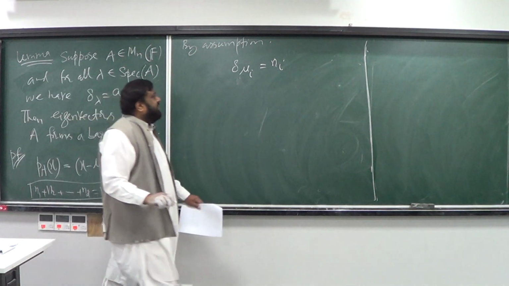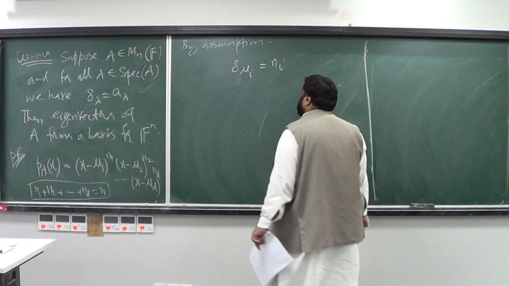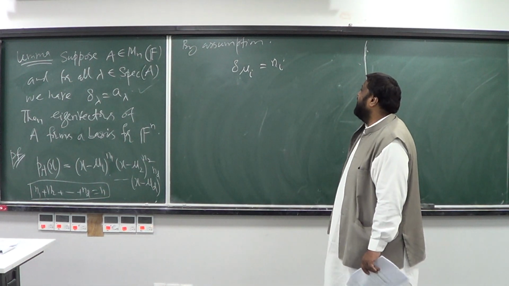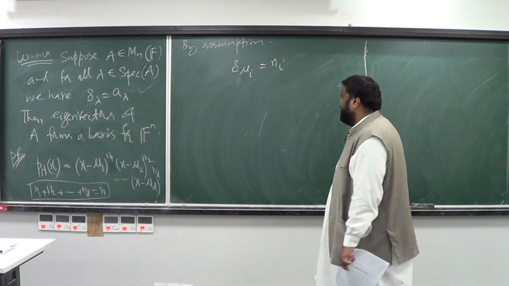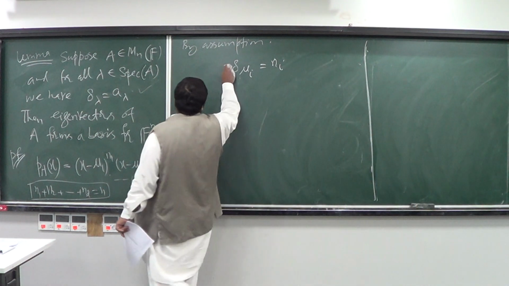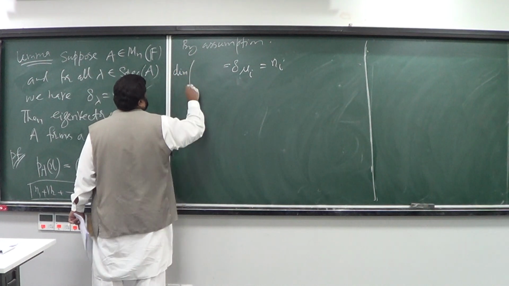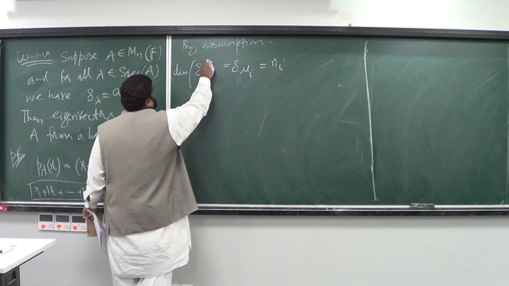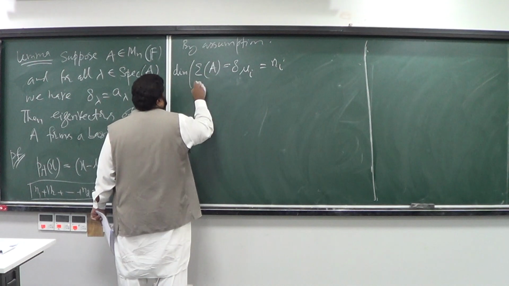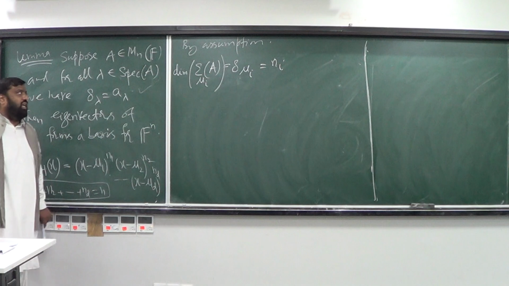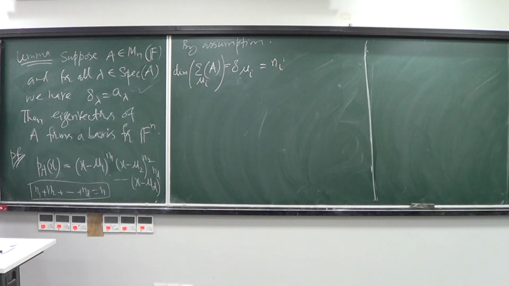So the geometric multiplicity of each eigenvalue mu i is equal to the algebraic multiplicity. But what is the geometric multiplicity? Geometric multiplicity is the dimension of the eigenspace of the matrix A associated with eigenvalue mu i actually.